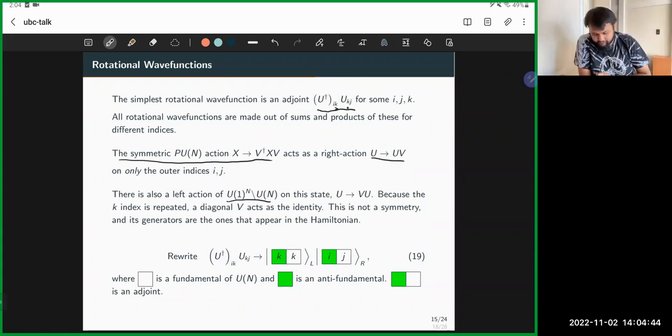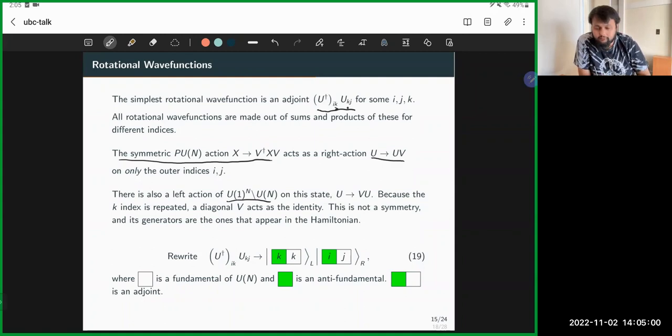And the point is this U(N) left quotient with U(1) to the N is not a symmetry. The generators of the corresponding Lie algebra are what appear in the Hamiltonian as this tau k l squared.